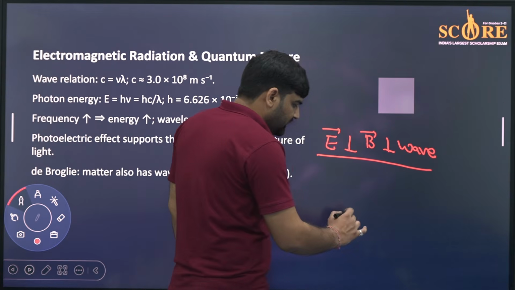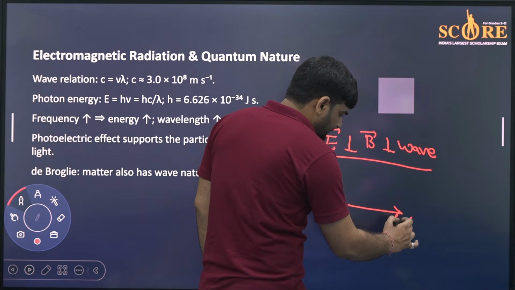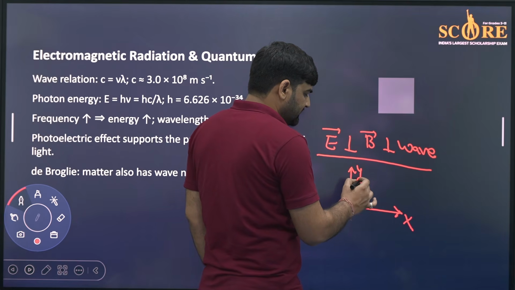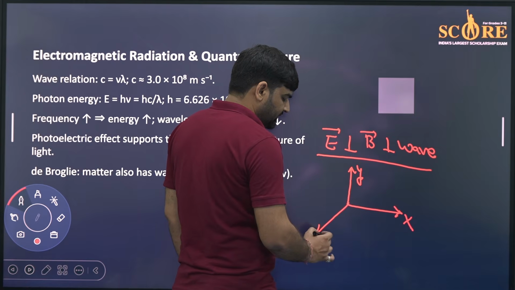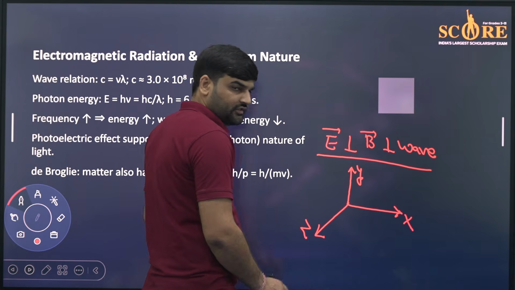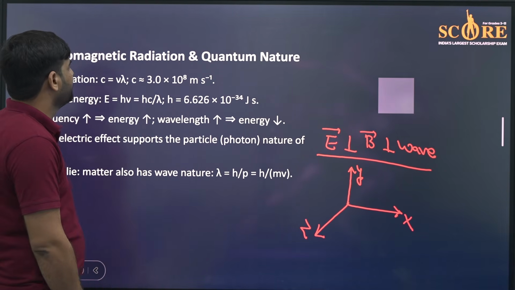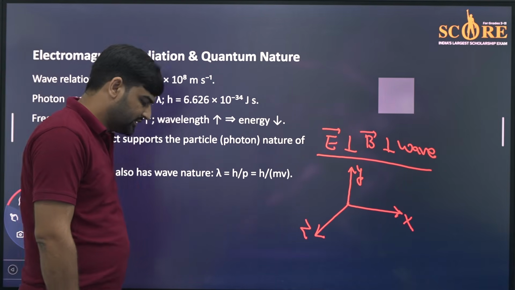If electric field is in x direction, magnetic field in y direction, then propagation of the wave will be in z direction. So this is according to electromagnetic radiation.